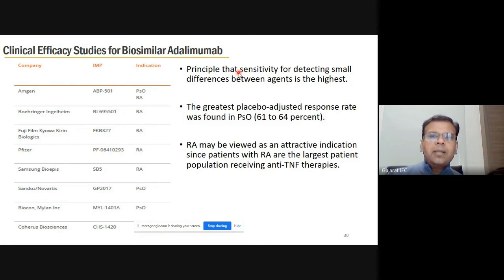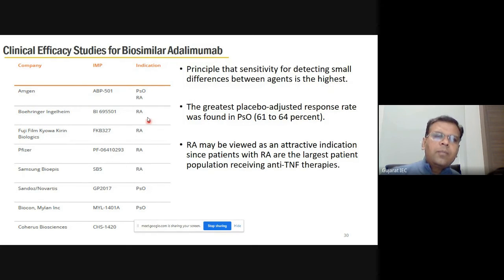The principle is that the indication where sensitivity for detecting a small difference between the agents is the highest is what we would like to target. So if you are giving adalimumab to a person suffering from rheumatoid arthritis, and you give a different drug to another patient of rheumatoid arthritis, you should be able to see the difference sharply. That's what we are looking for, detecting the difference between the two agents.